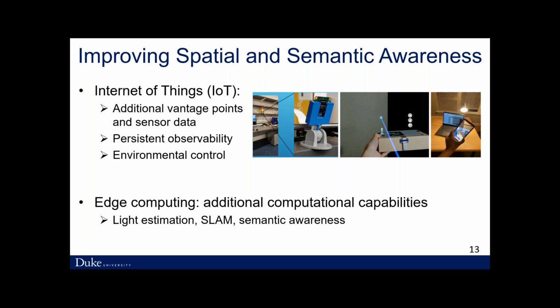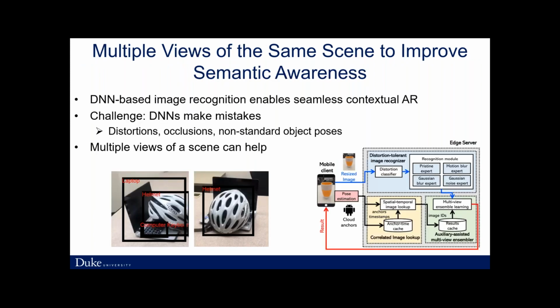And then finally, there's also interesting work on using edge computing to improve semantic awareness, awareness of the state of objects and surfaces in the environment. So I'll talk about our work in this space. Basically, in many cases of AR usage, it would be very helpful to know what the objects are around the user.